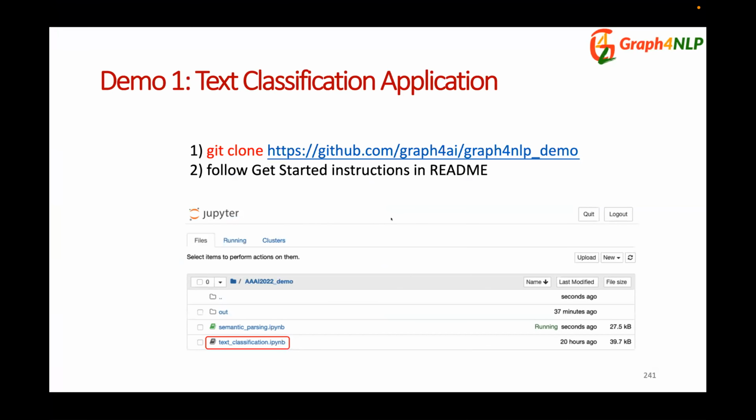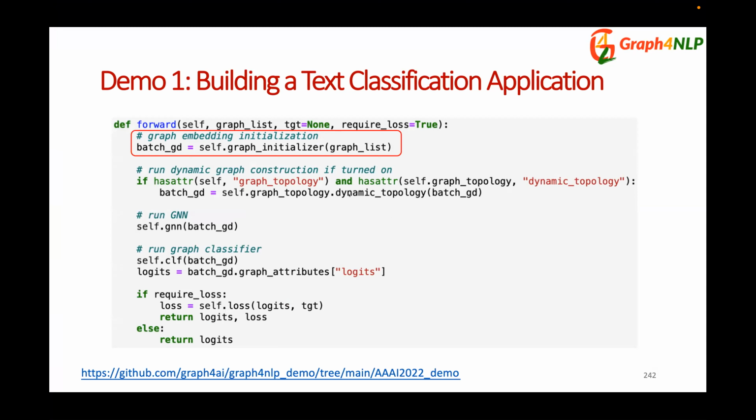So here's the model architecture. As we can see, here are some important components. For example, we need to call the graph embedding initialization API to initialize the node embeddings. Optionally, we can choose to use static graph construction or dynamic graph construction.